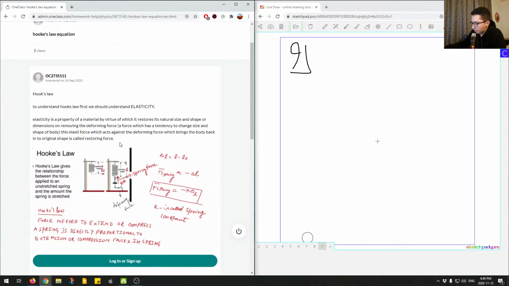So Hooke's law, often we relate it to a spring. So we have some spring attached to a mass.